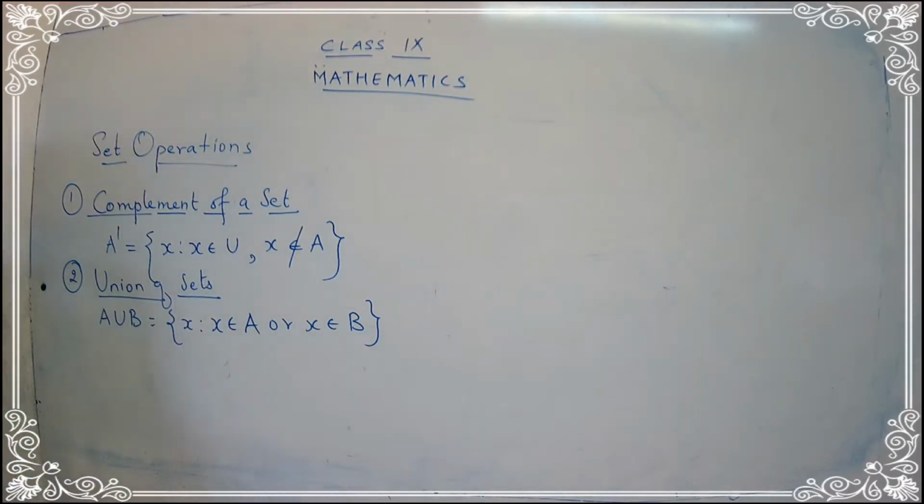Under union of sets, you write A union B is equal to x such that x belonging to A or x belonging to B.